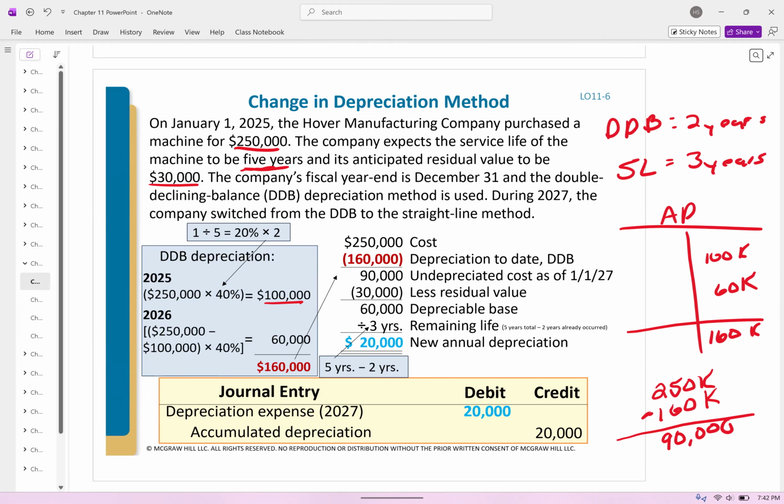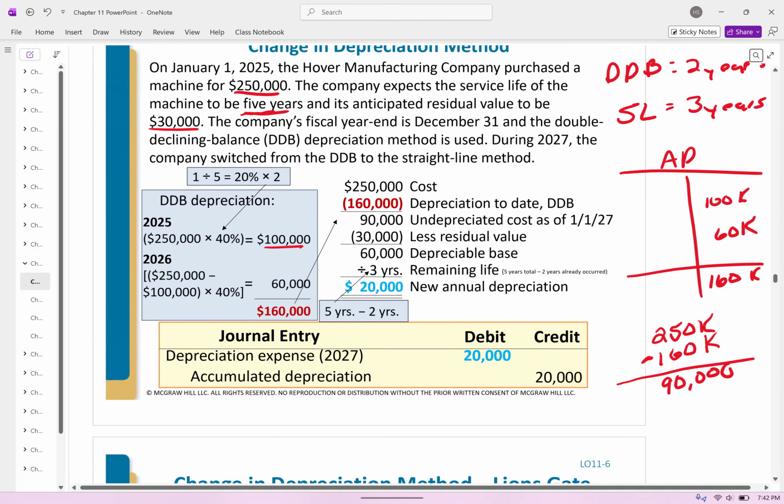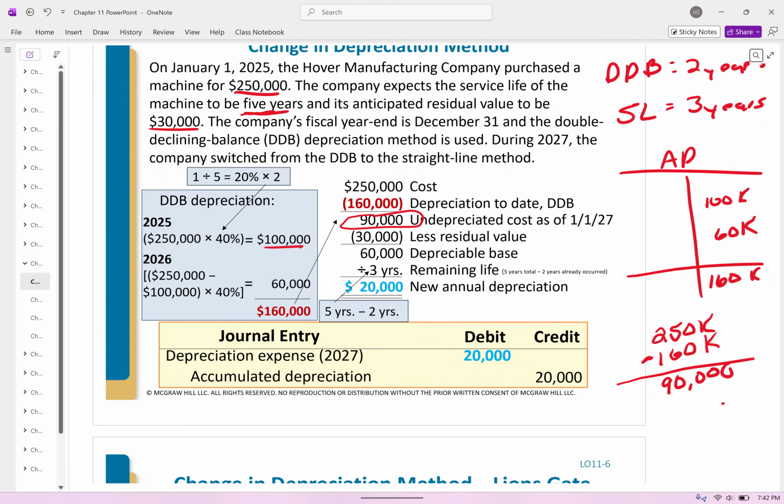Then we're going to subtract out that residual value. They do that right here. This 90,000 is what I just calculated over here. Subtract that residual value out. We've got a depreciable base of 60,000. Divide that by 3 years, and that gives us 20,000 in new annual depreciation.